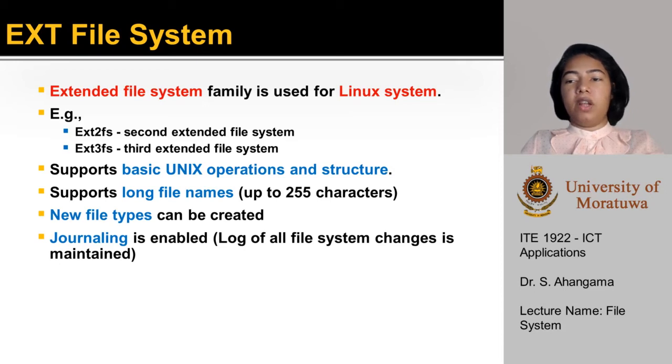It supports long file names up to 250 characters. Also, new file types like immutable files can be created. Furthermore, journaling is enabled where a log of all file system changes is maintained.